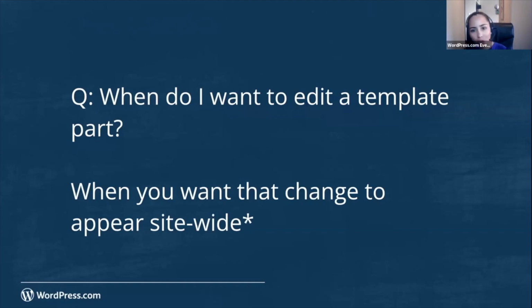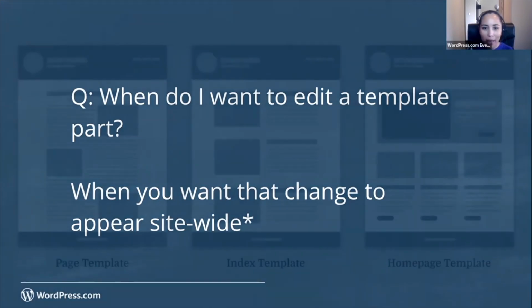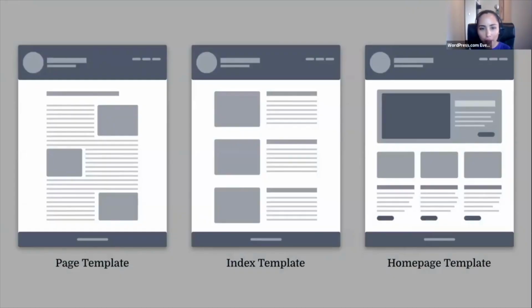And I'm going to show you an example because it's a little bit hard to just explain it in this way. And we have here 3 templates. Okay, so the page, the index, and the homepage template. And we can see they are using the same header template part here at the top. So since they are using the same template part, we can actually just modify the template part in order to affect all templates.